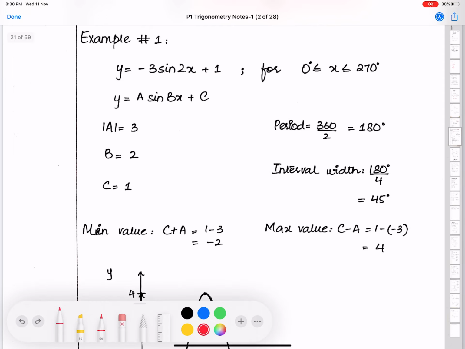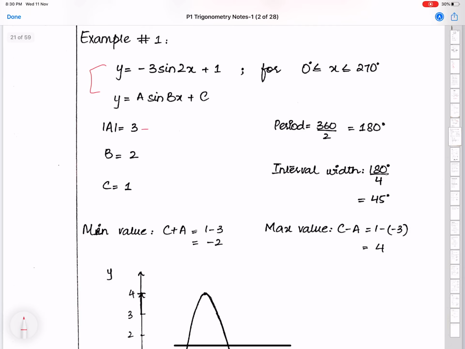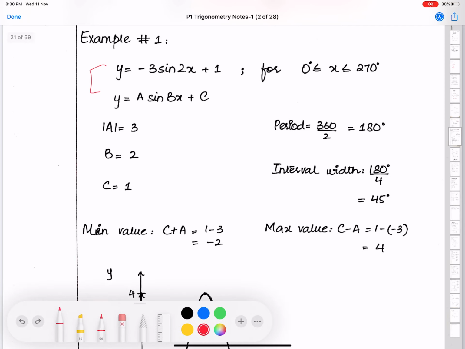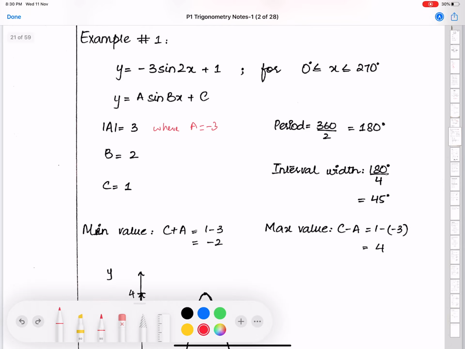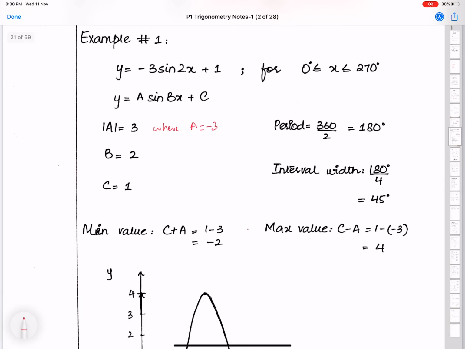So by comparing these two equations, a is 3. In fact, amplitude is 3, but a is negative 3. And this negative means the curve will be inverted. Well, b is 2 and c is 1.